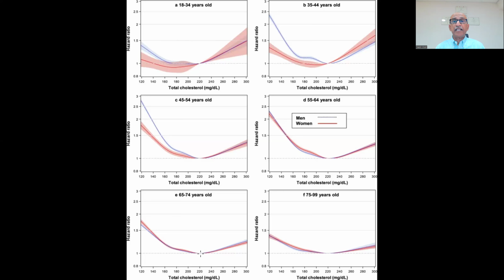Nature designed us in such a way that our liver is going to produce 75 to 80% of the cholesterol the body needs to function. So it really doesn't matter what we eat. But yes, it does matter for certain people.